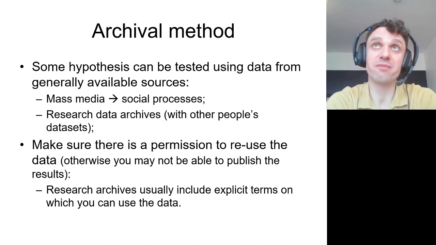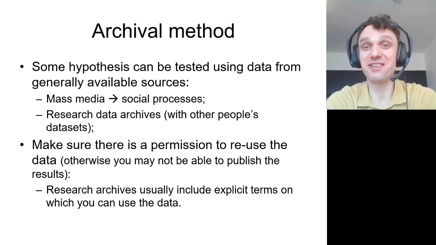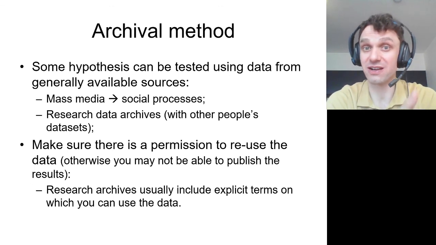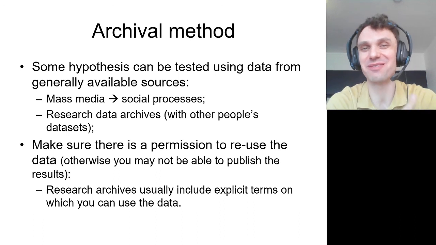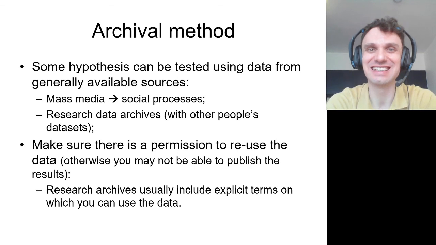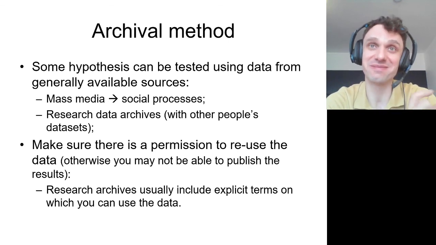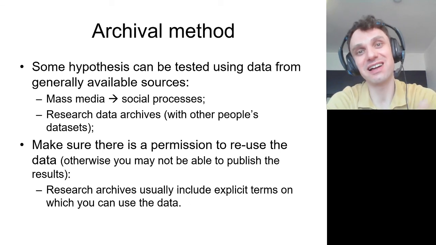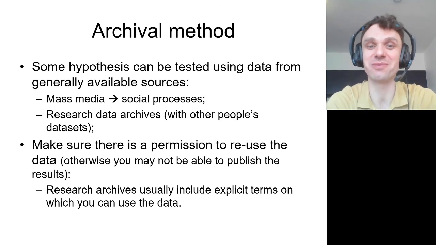Obviously, not every piece of data that you find online is free for use, because sometimes researchers are just required by journals to post their raw data. But that does not mean that they are happy with someone actually using this data for analysis and publishing their findings. So if the data you're working with belongs to some specific person, and if it's not clear whether you're allowed to use this data for your own analysis, it's better to ask that person.